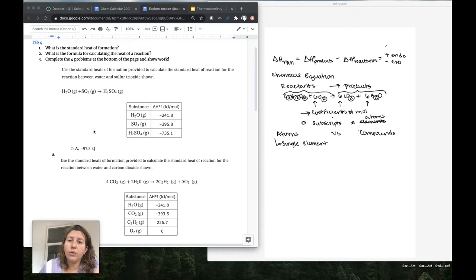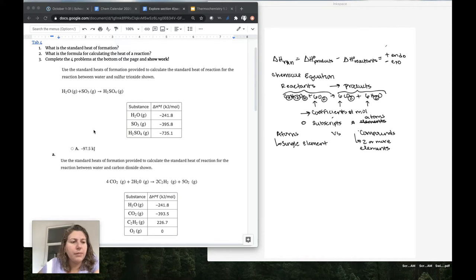Like O represents oxygen, you see that one a lot. C represents carbon. Compounds, on the other hand, are going to be two or more elements put together. That's the baseline of what you need to know in order to solve these problems.